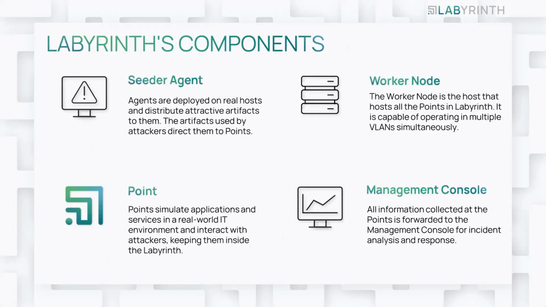On the next slide, I will tell you a little about the terminology that we use in our architecture, because we have four components of our solution that have specific roles to play. The first is the CRADAR agent that is deployed on the real hosts and distributes artifacts, the breadcrumbs, in many places of the network, also on these real hosts.